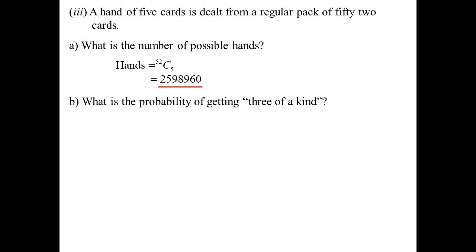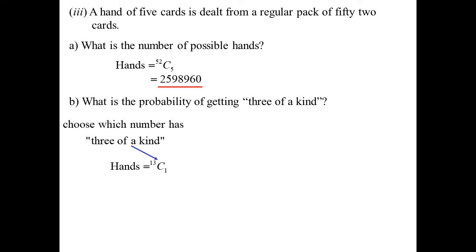So what's the probability of getting 3 of a kind? The first thing I'm going to do is work out which number is going to be 3 of a kind. So that's my first choice. There are 13 different numbers, if you consider Jack, Queen, King being numbers. And I've got to choose one of them to be the 3 of a kind. So 13C1.